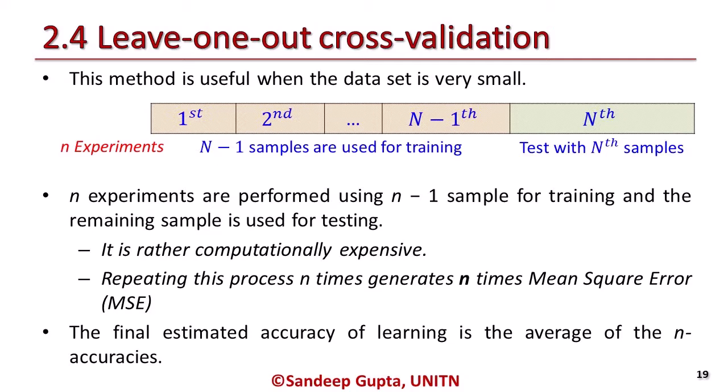It is rather computationally expensive, but it provides the best error estimate possible for a single data sample. Repeating this process n times generates n mean square errors. Mean square error will vary as test data uses a single observation. This can introduce a lack of consistency. The final estimated accuracy of learning is the average of the n accuracies.